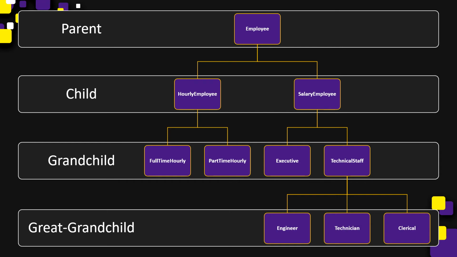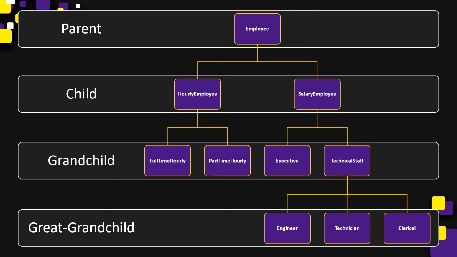That's going to be all associated with the employee class. But hourly is going to get a pay per hour, right? A hourly wage, and a salary employee is going to get a yearly salary. So they have two different types of pay, two different types of data values for that, and they're going to have to keep track of that data value on their own. Employee is not going to keep track of that.